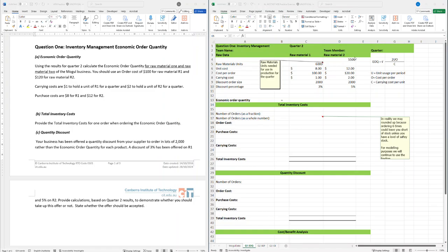Now, given we have the number here, all we need to do is to make sure we use the right formula, which is SQRT, which stands for square root, of 2 times U, which is unit, which is C5, times O, which is the cost per unit, given $100, divided by carrying cost, which is $1.